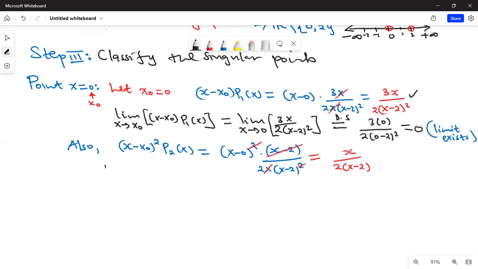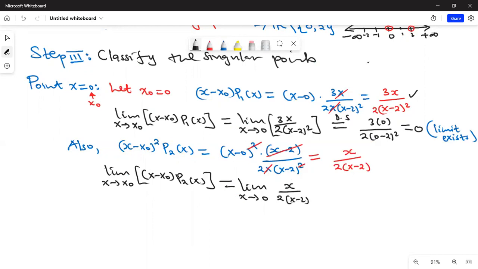So now let's also get the limit as x approaches x naught of x minus x naught squared times p2 of x. What will this be equal to? It is the same as limit as x approaches 0 of x over 2 into x minus 2. And now let's try direct substitution. So on direct substitution, we are going to get 0 over 2 into 0 minus 2, and the result again is 0.